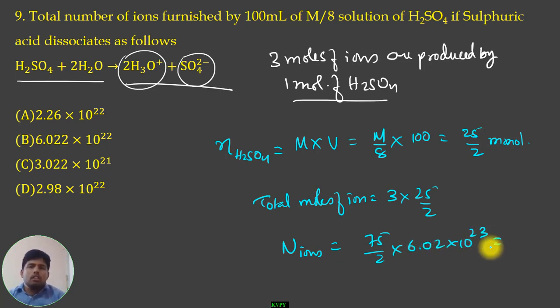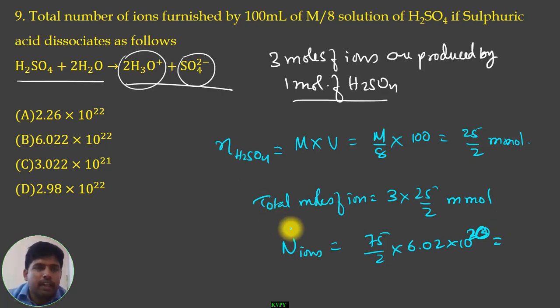So how much will be the number? Of course, this is millimoles. So 10 power minus 3 will get cancelled out. So 75 into 6.022 into 10 power 23 divided by 2.